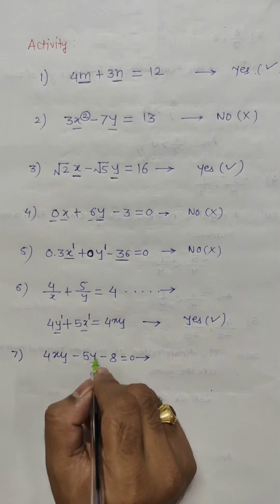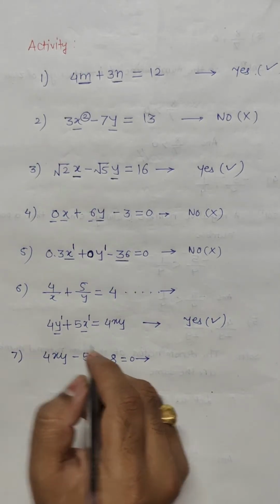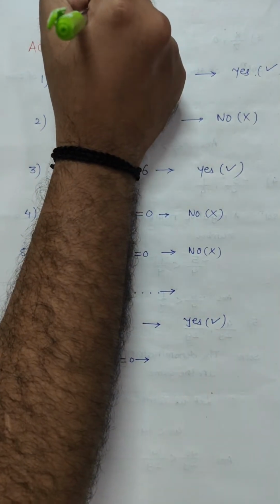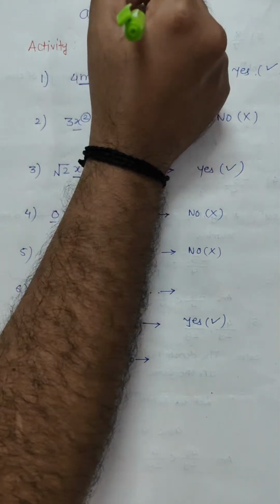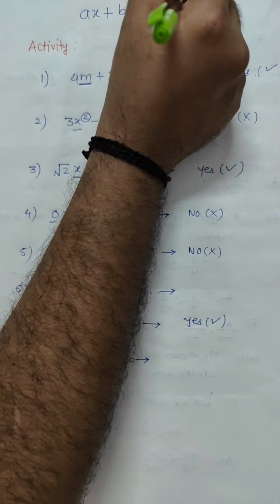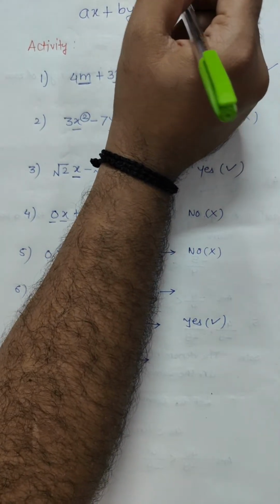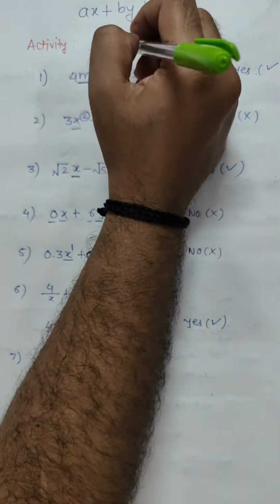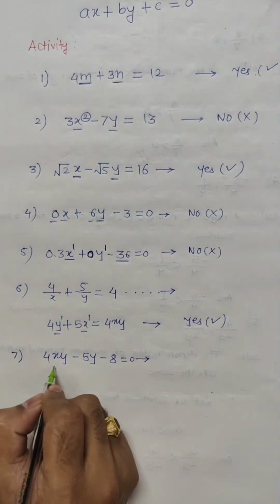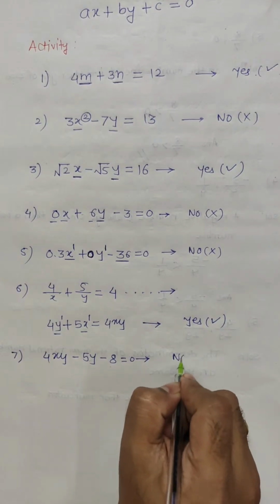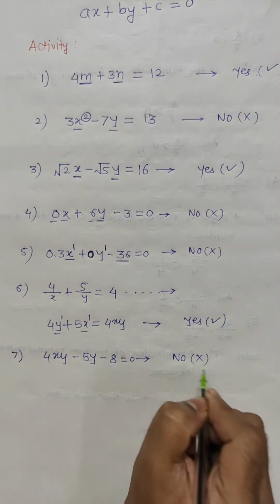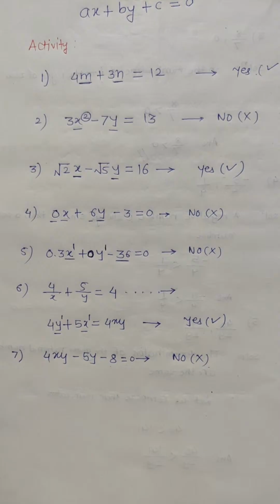This is the total term. The general form of a linear equation in two variables is ax plus by plus c is equal to 0. According to this condition, two variables are given to you, but a variable x term is not given in this case. So this is not possible as a linear equation in two variables.